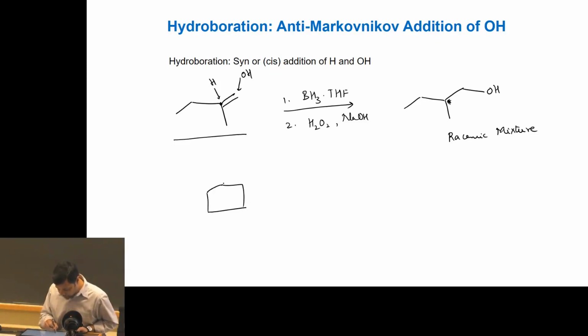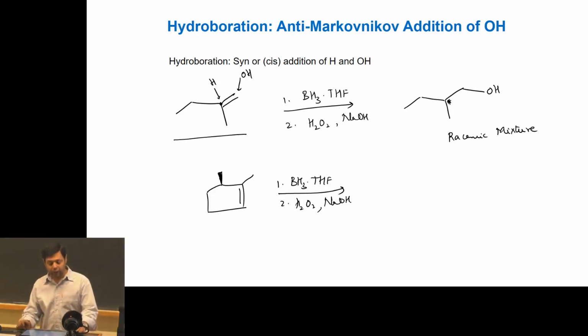Let's say I'm starting with this alkene. Hydroboration conditions, BH3, THF, step 2, H2O2, NaOH. The reaction is taking place across the double bond, OH to the less substituted carbon, hydrogen to the more substituted carbon.